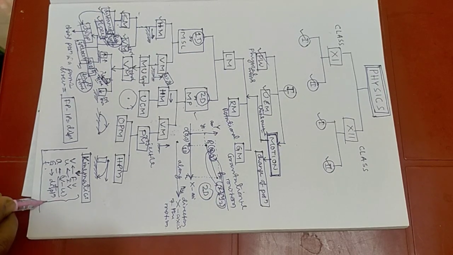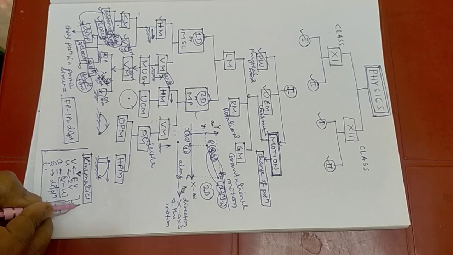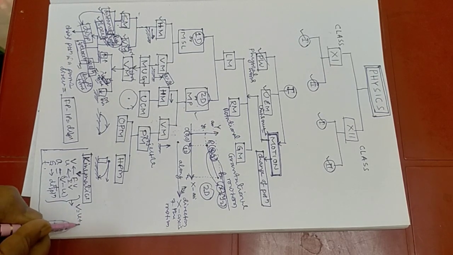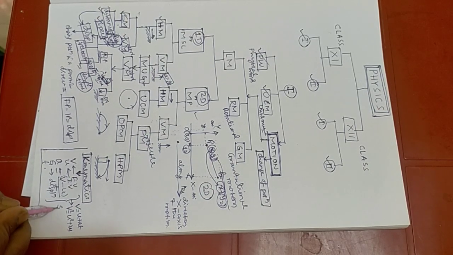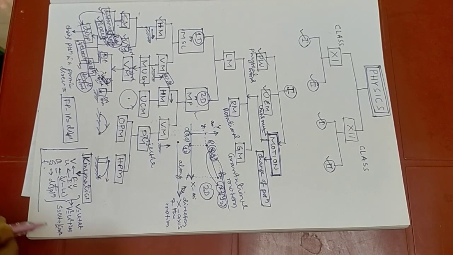From these we get three equations. One becomes v is equal to u plus at, another one is v square is equal to u square plus 2as, and third is s is equal to ut plus half at square.